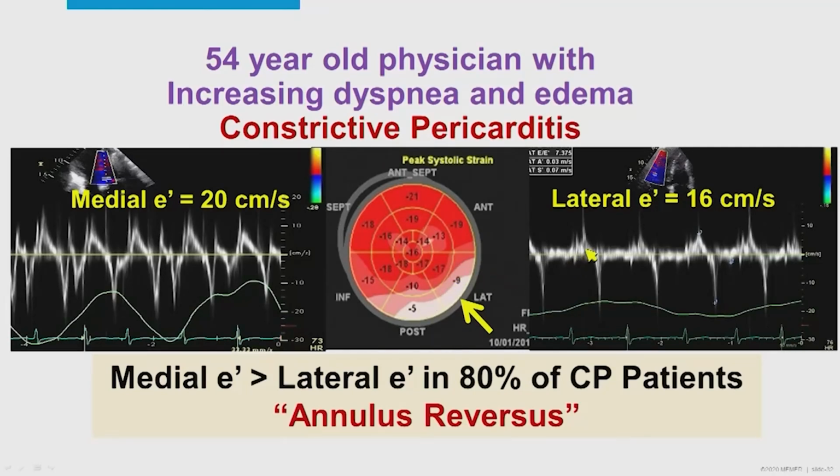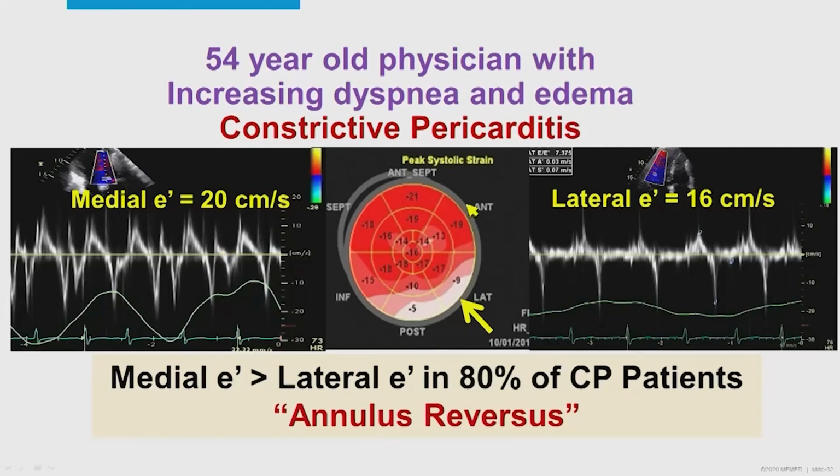And that's why the E prime velocity from the lateral is actually lower, although it's very high. I mean, usually it's about 10 to 12, but it's now 16, still increased laterally, but it's lower than the medial of 20, which is quite opposite to the myocardial disease.